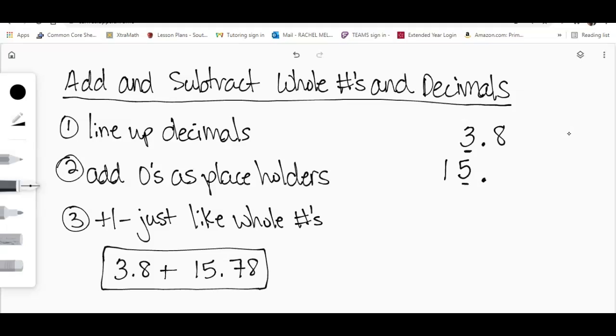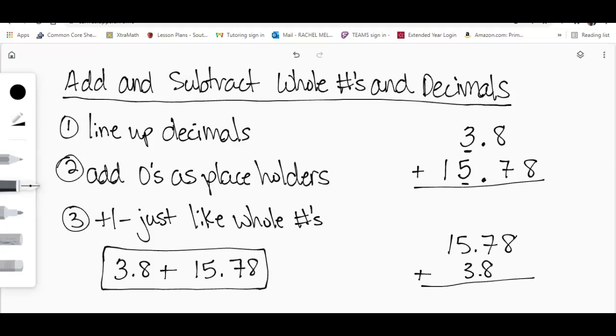So my 15 78/100 would go like this. Is it okay if I write them the other way, like this? Absolutely. Either way is fine.